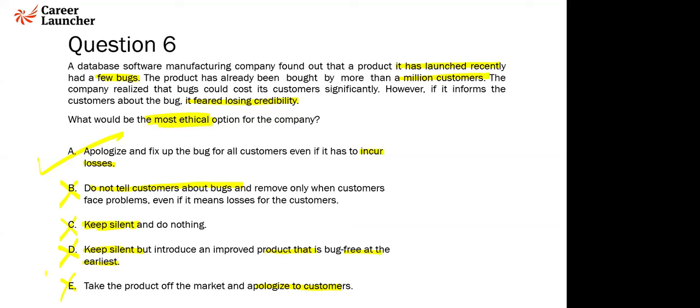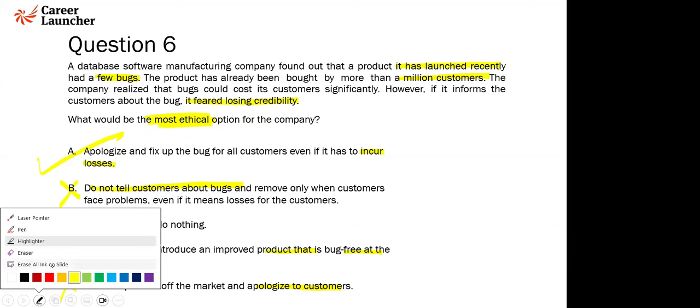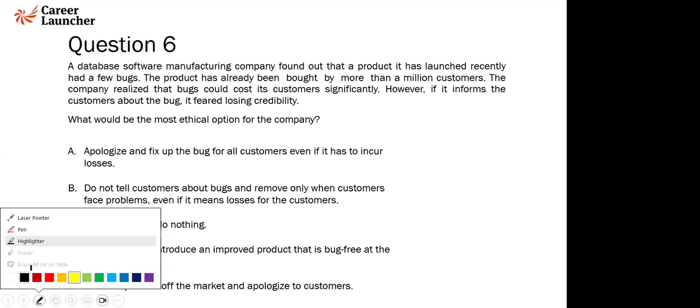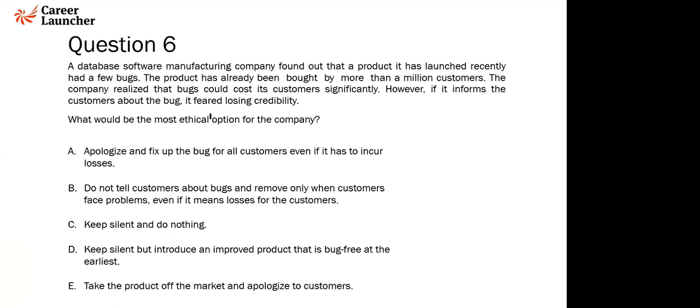Now, supposing I change the question. What will be the best option for the company?